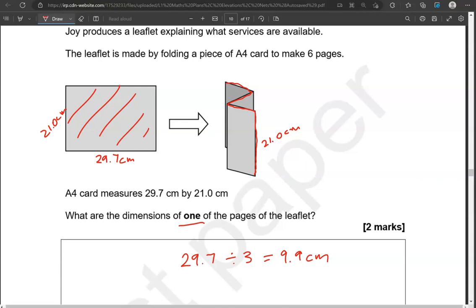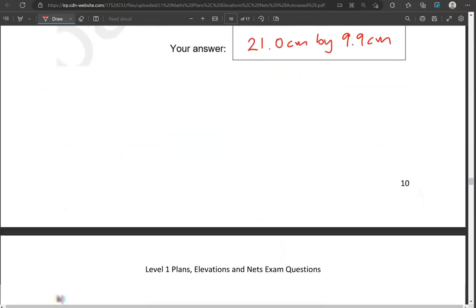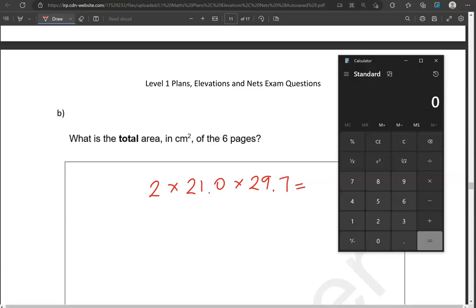So we'll do 2 times 21.0 times 29.7, which is 1247.4.